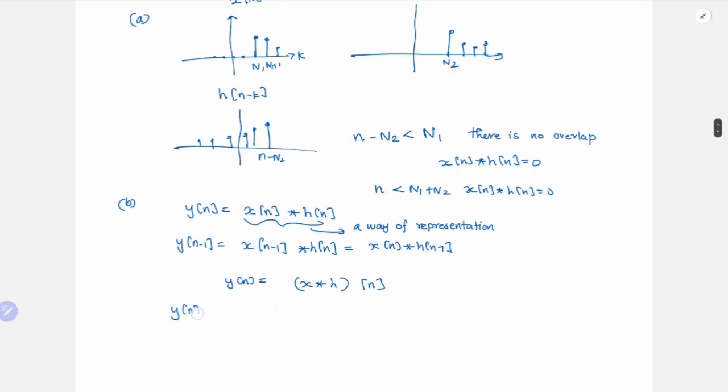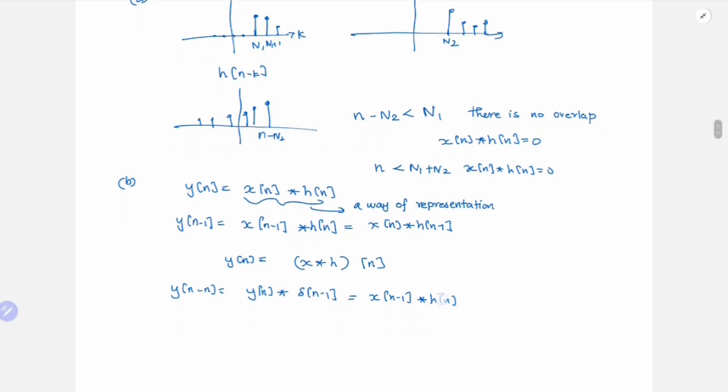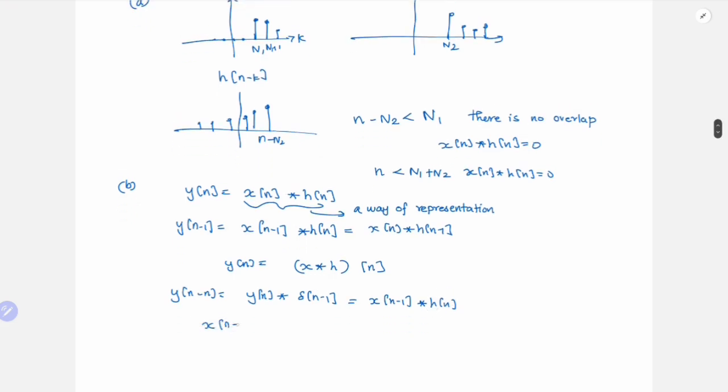So your y of n minus 1 is nothing but your y of n convolved with delta of n minus 1, correct? Which is equal to either x of n minus 1 convolved with h of n, or the otherwise, right? So what happens when you do this?